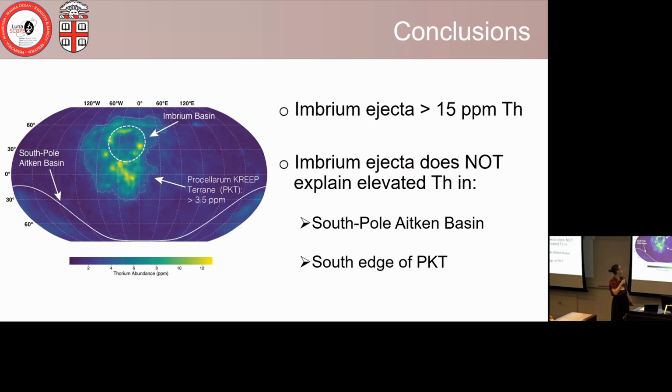The other thing we are able to definitively say is that the Imbrium ejecta alone does not explain the elevated thorium within the South Pole-Aitken Basin and along the south edge of the Procellarum KREEP Terrane. So with that, I think I went way faster than I thought I would, but that is okay. I can take some questions.